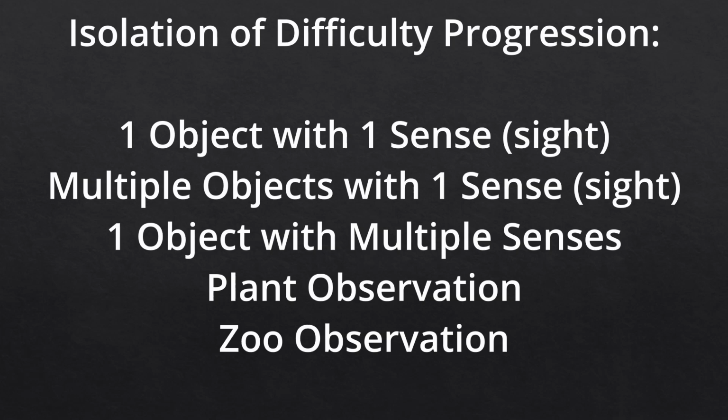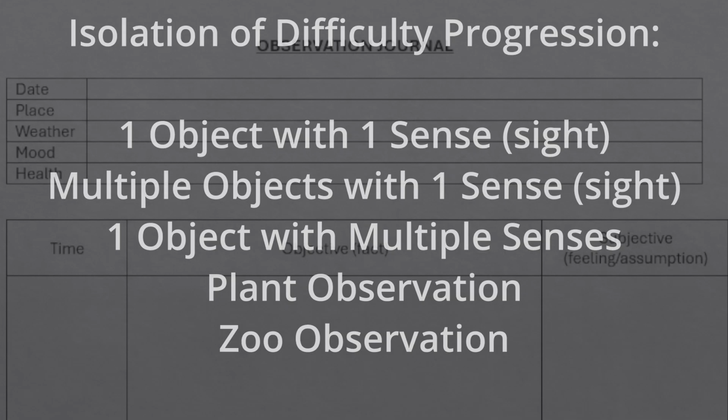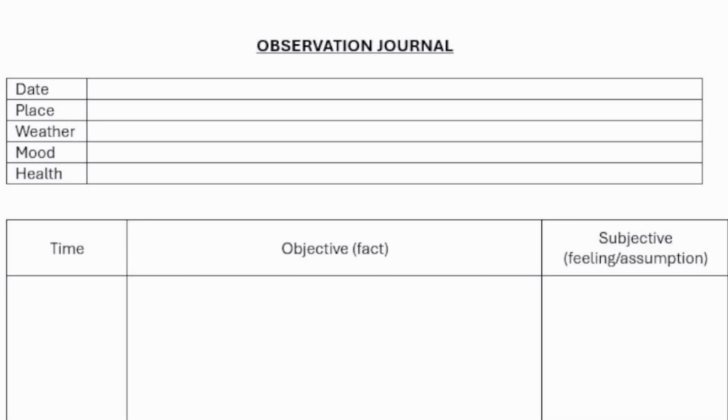And then we're going to talk about plant observations. And then lastly, we're going to go into the zoo observation that I did. So we're going to go through this journey of doing different exercises before we start getting into the more complex classroom observations. So let's start with the first page of the template for an observation journal.